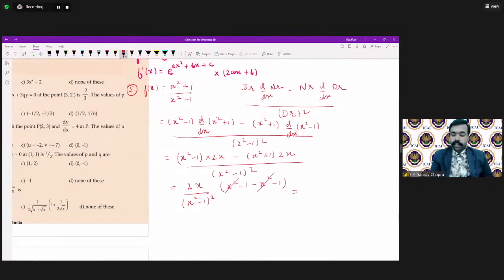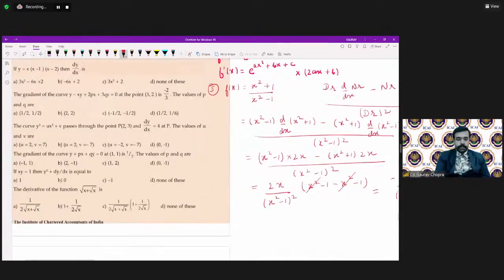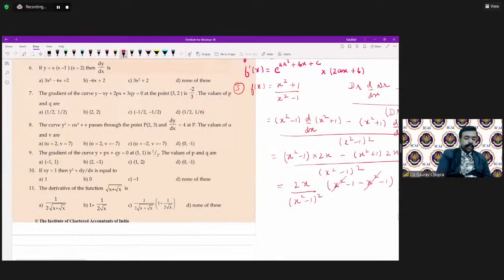So the final result is minus 4x divided by x square minus 1 whole square. So this is the result. This is option number A.